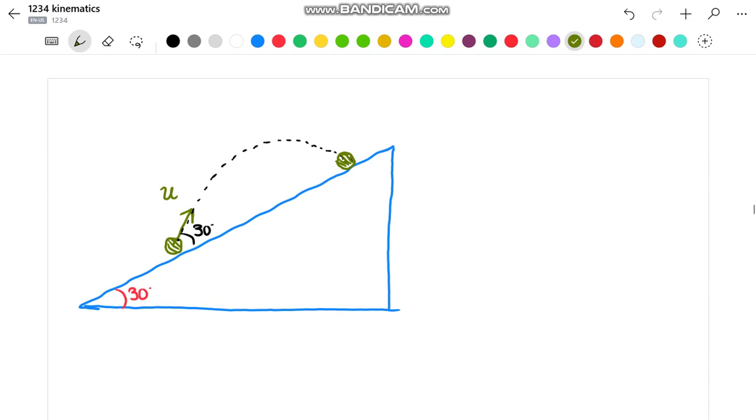I have already written the diagram for solving this particular problem with all the conditions that are given. Now I am assuming that from point O to point P, the bullet has traveled along x direction a distance equal to L1 and a distance equal to L2 along y direction.